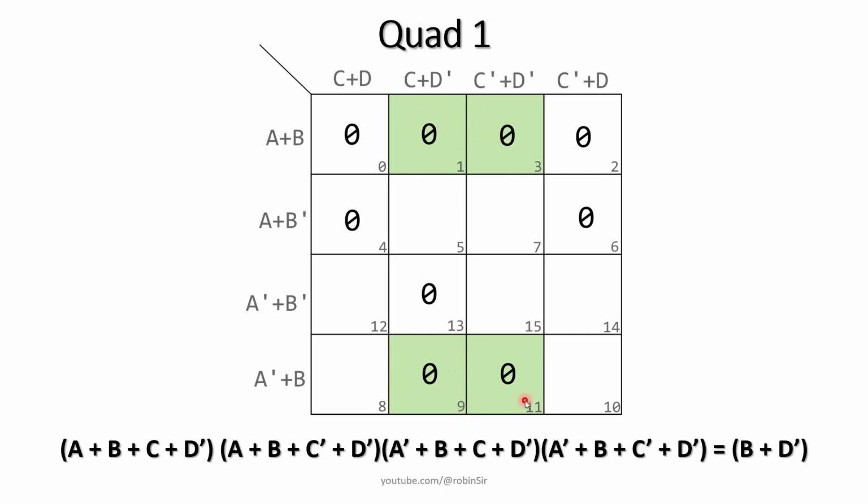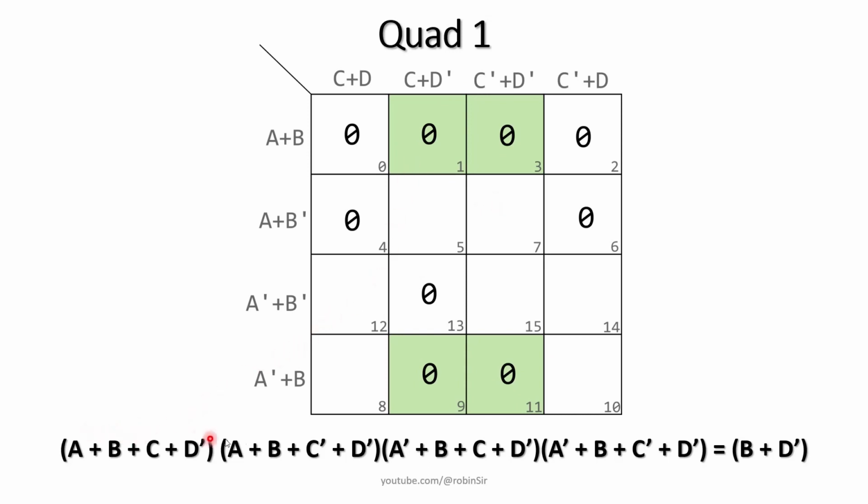Octals are not possible here in this diagram, but quads are possible. So this is one of the quads. Because when you do map rolling, you want to join the top edge with the bottom edge, then these 4 zeros will form a quad.